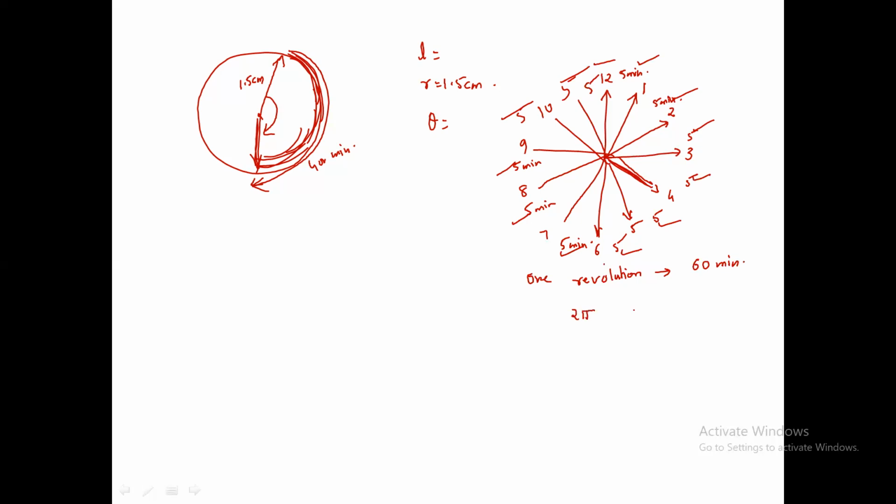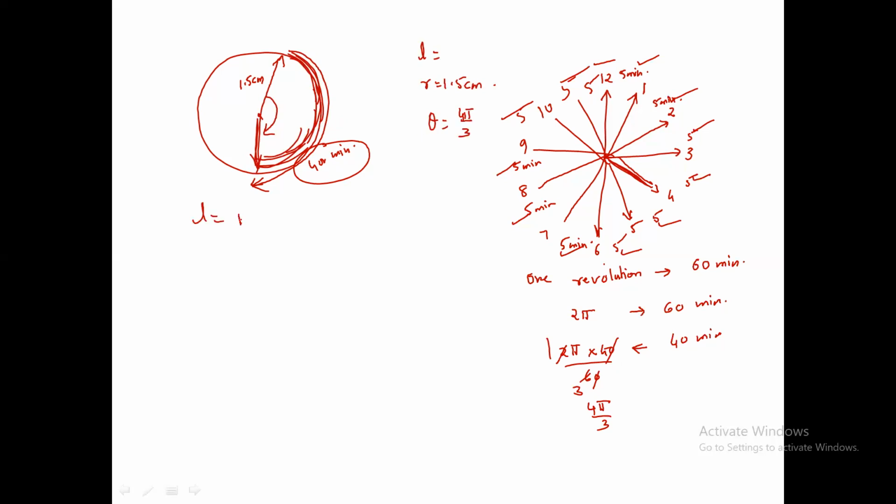So 2 pi in 60 minutes. So 40 minutes it is moving. They said the hand is moving 40 minutes. So in 40 minutes, what is the angle? 2 pi into 40 by 60. Zero cancels, 2 ones, 2 threes. So the angle is 4 pi by 3. Theta is 4 pi by 3.